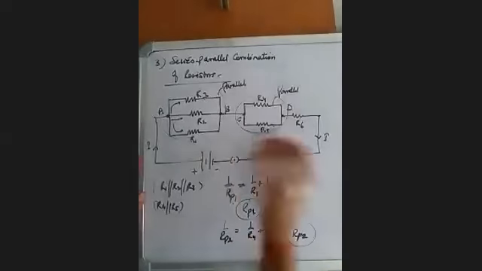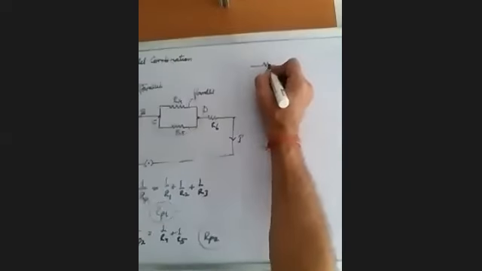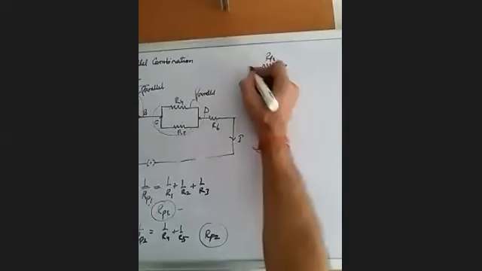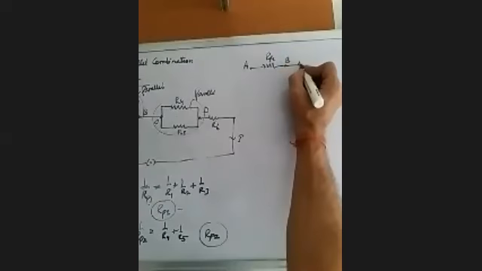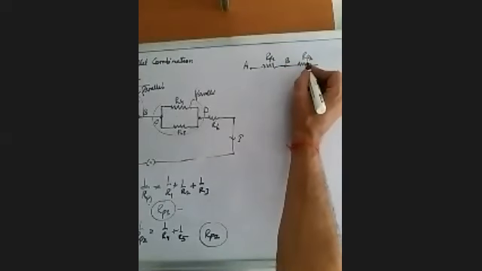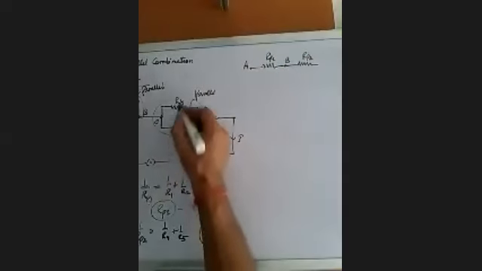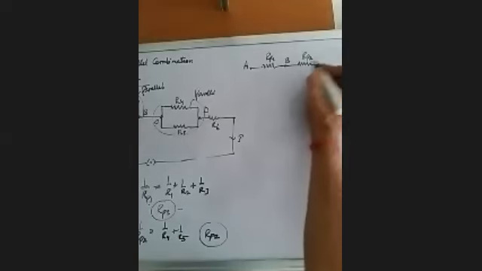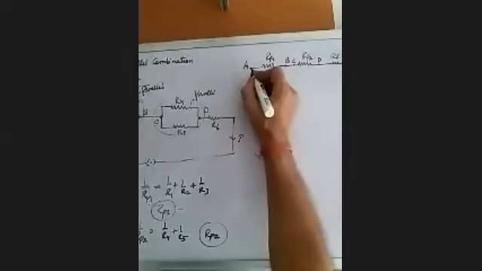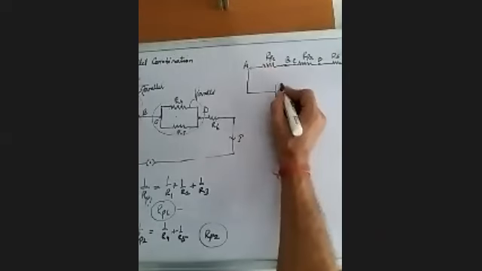So let us draw a simplified circuit. Replace the 3 resistors connected in parallel between A and B with RP1. Replace the other two with resistor RP2, because RP2 does the same work as the combination of these 2 resistors. Suppose this is point C, this is point D, and between D and E we have R6. So we have simplified the circuit.